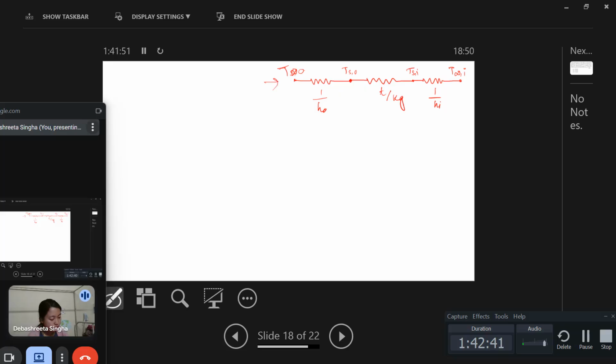So at steady state, the heat transfer at each point is equal.